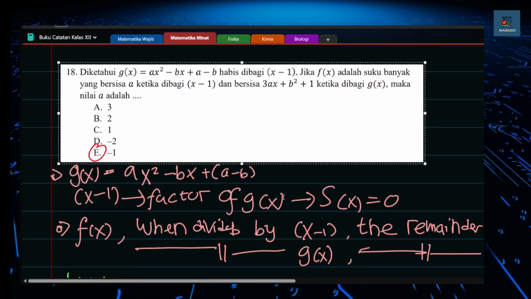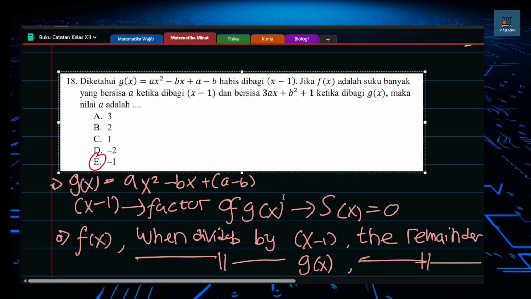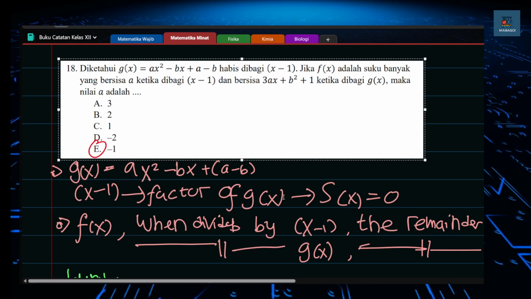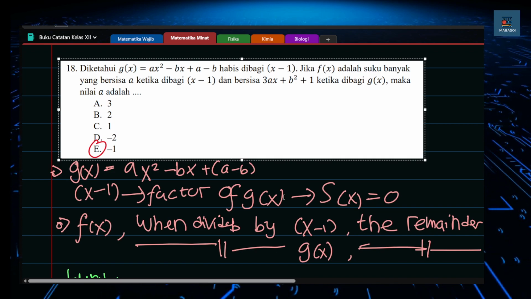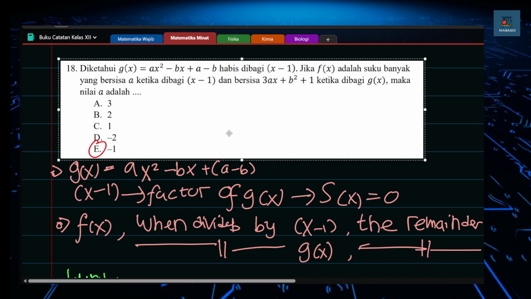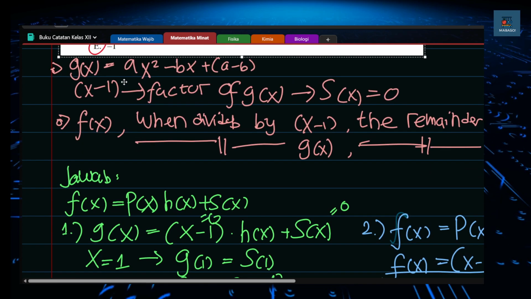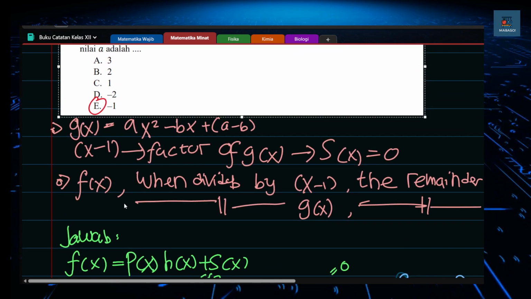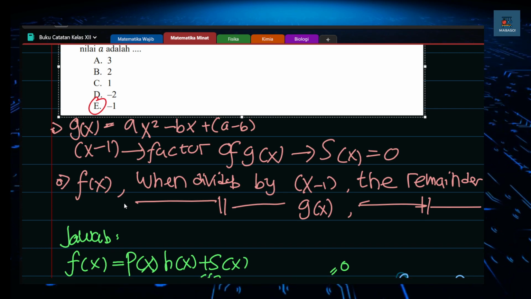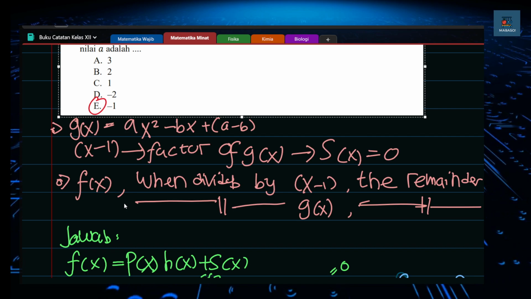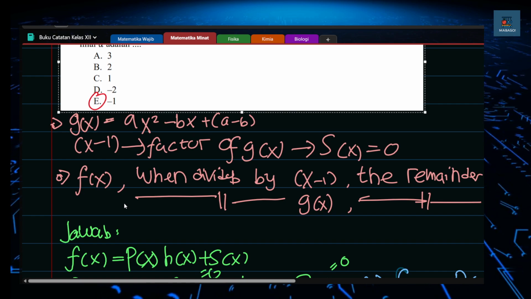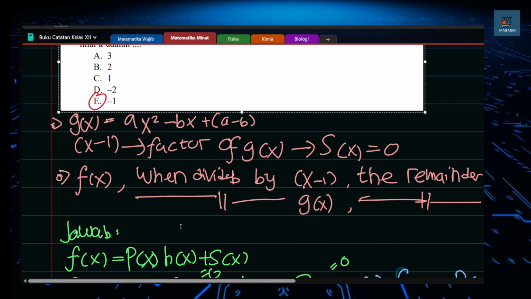So what's the first step that we have to make in order to solve this question? Let us start by digging from scratch, from the first information about g(x). By the basic facts regarding polynomials, a polynomial can be stated according to its divisor, its quotient and its remainder.